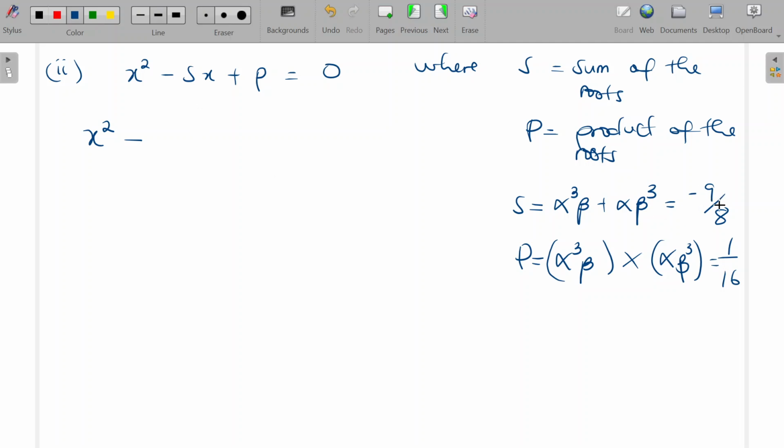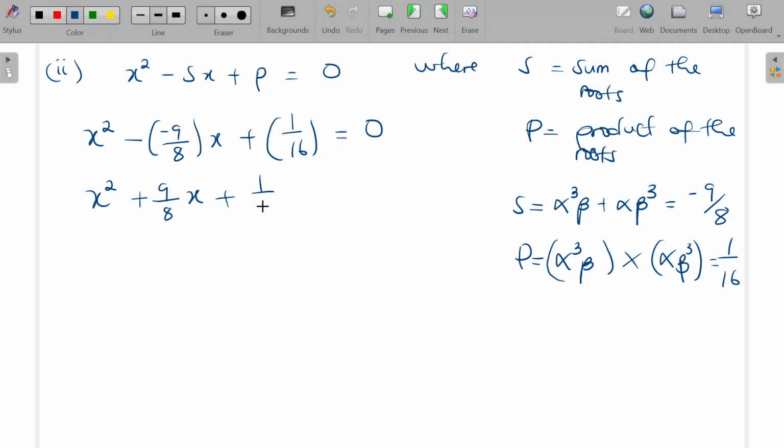The sum is negative 9 over 8. So negative 9 over 8 x plus the p, which is just 1 over 16, is equal to 0. Then you're going to have x squared plus 9 over 8 x plus 1 over 16 is equal to 0. And that is your answer.